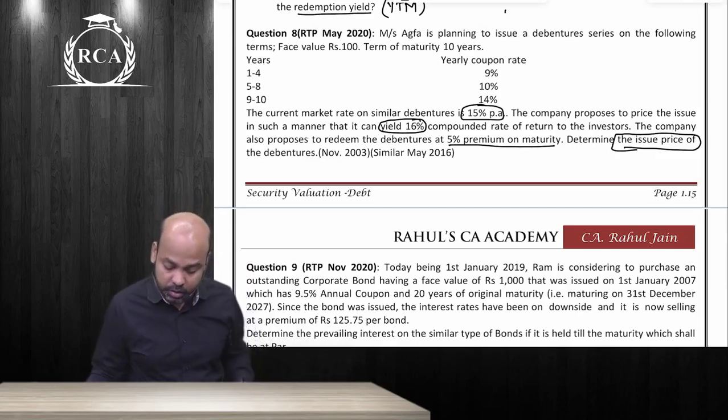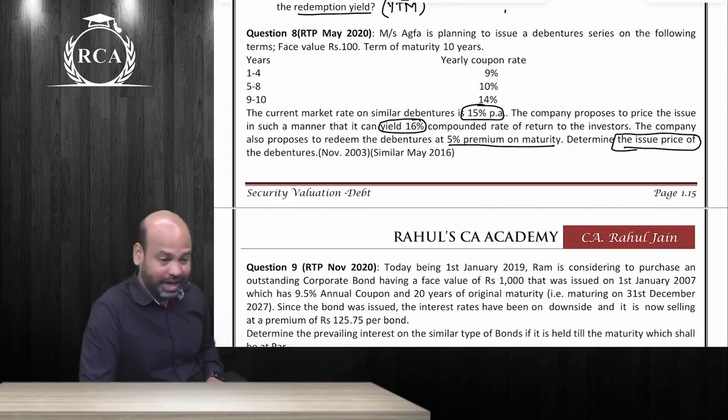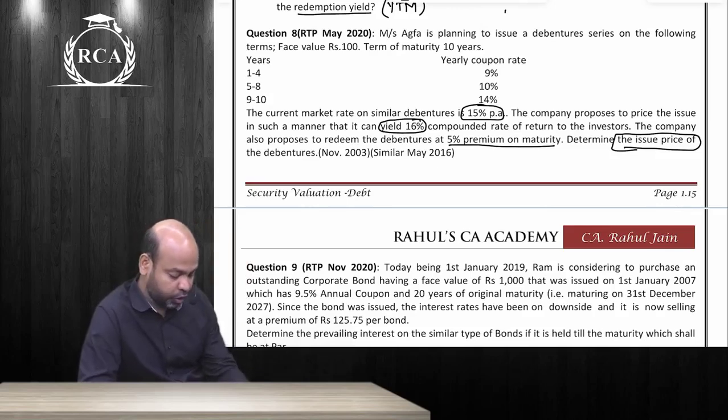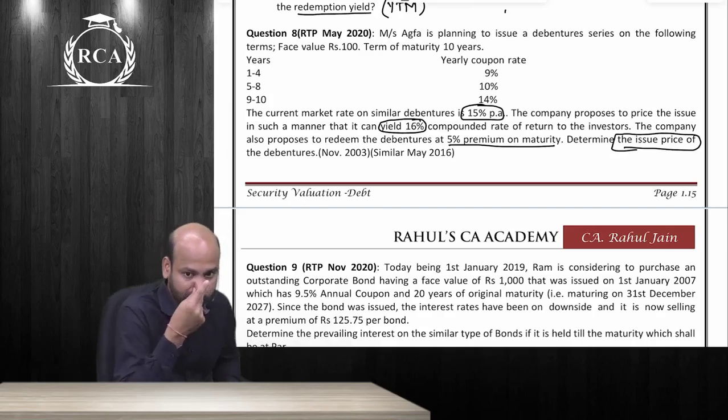Though the prevailing yield is 15%, issue price should be determined using the return to be offered to the investors. That is 16%.